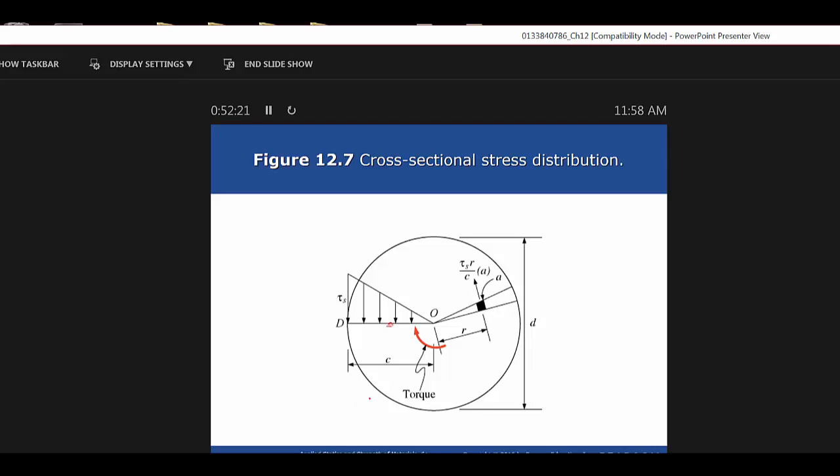If you weren't trying to find it out at the outer surface for some reason, and were trying to find it somewhere in between, you just have to adjust that c, wouldn't you? And you should be able to find that torque value anywhere within the confines of that radius.